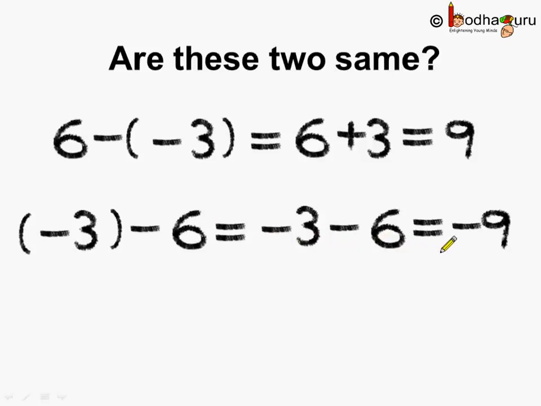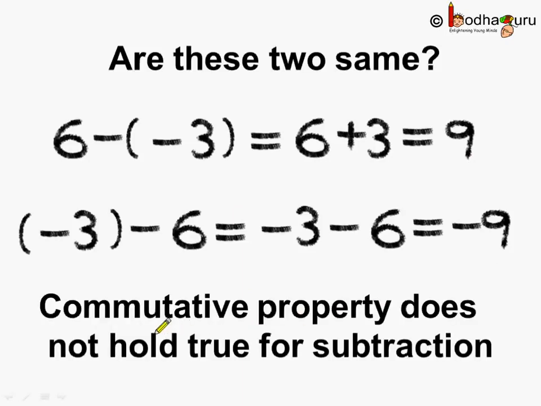So we get here minus 9. So in both the cases the answer is different. Here the answer is 9, and when we change the order of subtraction we get minus 9. So what can we say? We say the commutative property does not hold true for subtraction in case of integers.